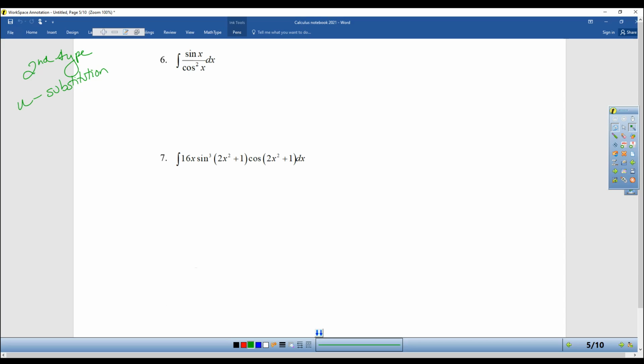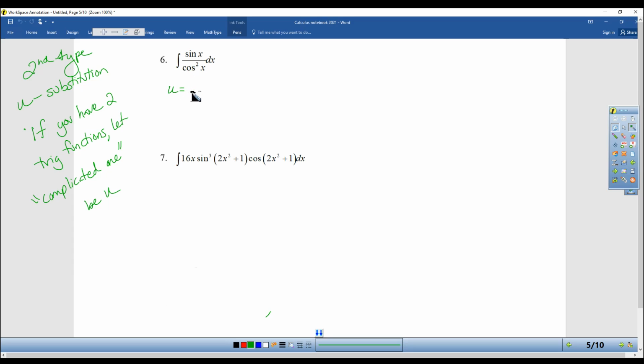That is, if you have two trig functions, let the complicated one be u. So in other words, something's being done to cosine. That's complicated.